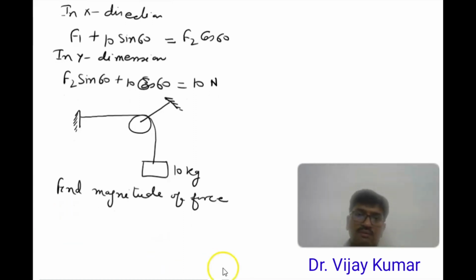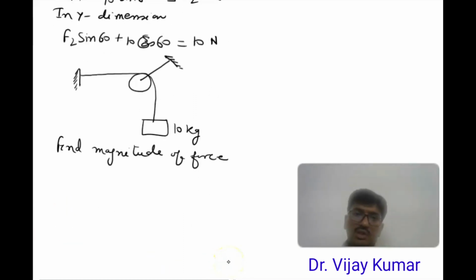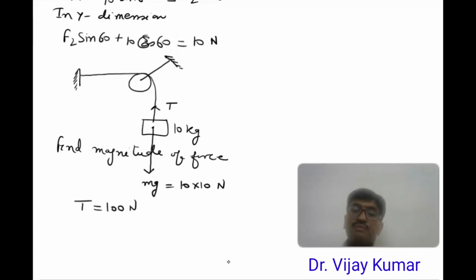So if we see that this is a weight, and weight should act in the downward direction, this is mg, and in this case it should be 10 into 10, so T should be 100 Newton.